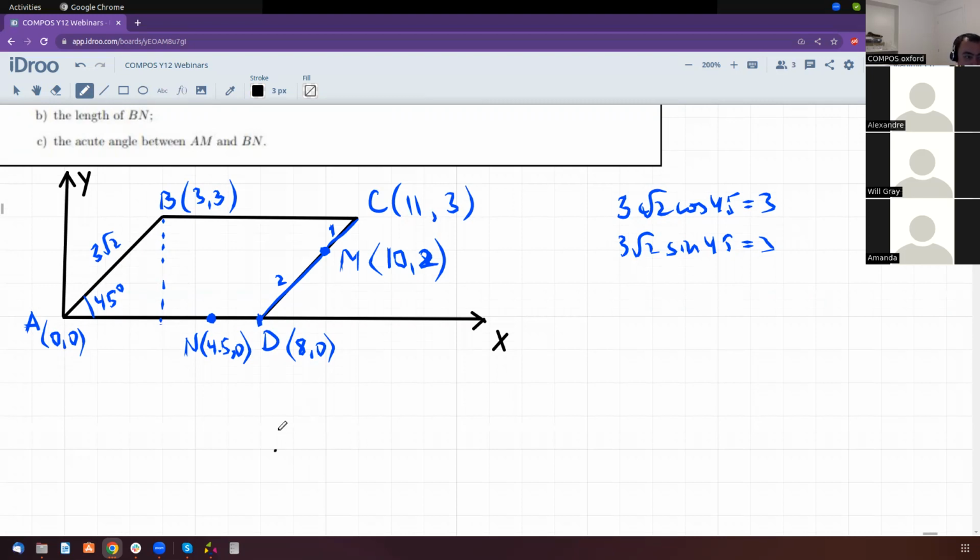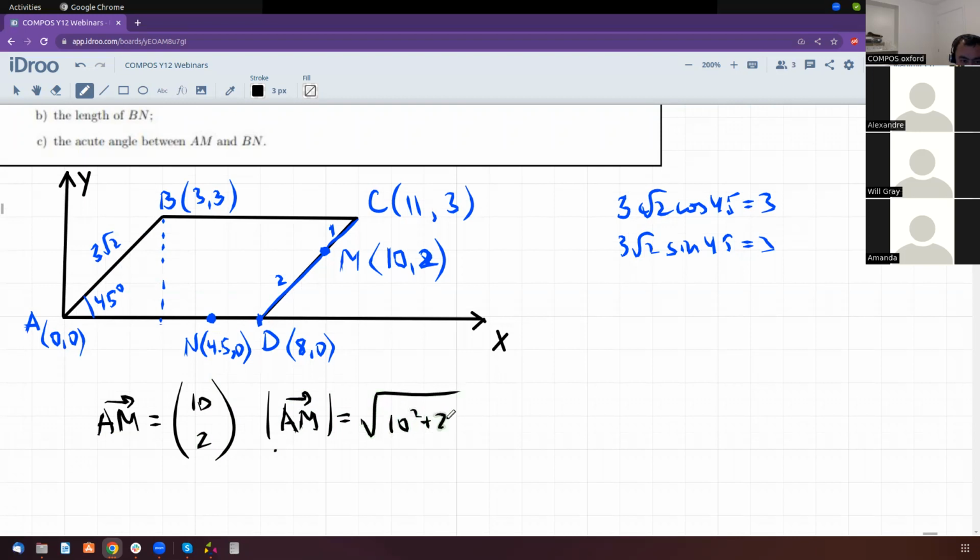Oh, that's easy. You just use the formula for the vector AM, which is 10, 2. So the length of AM is the modulus of the vector AM, which is the square root of 10 squared plus 2 squared, which is the square root of 104.